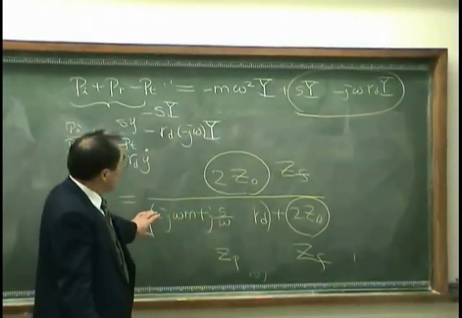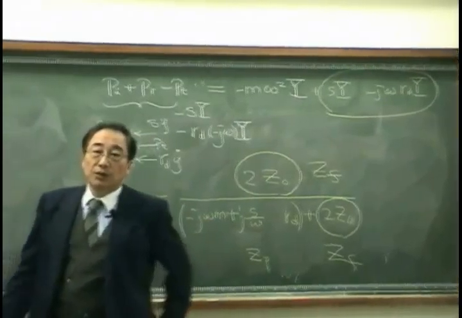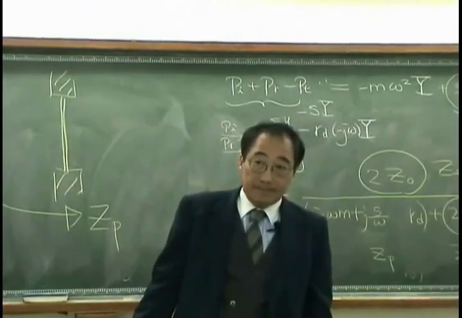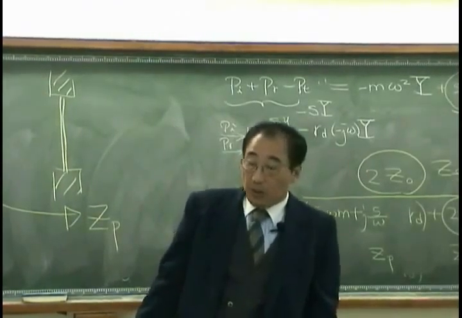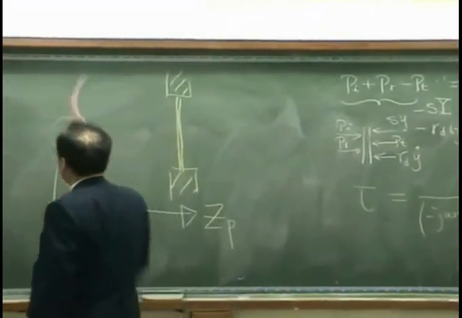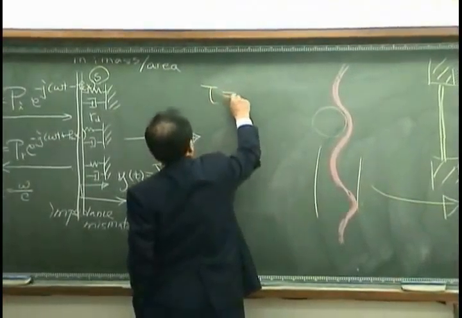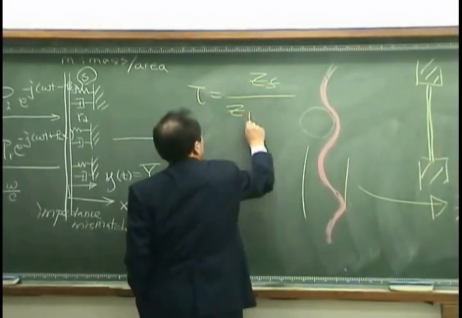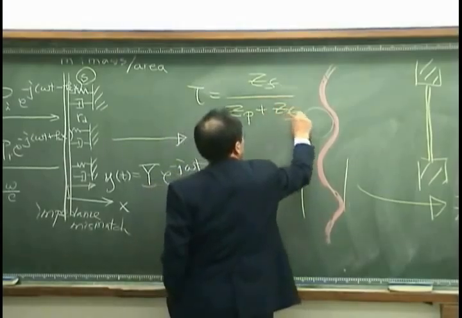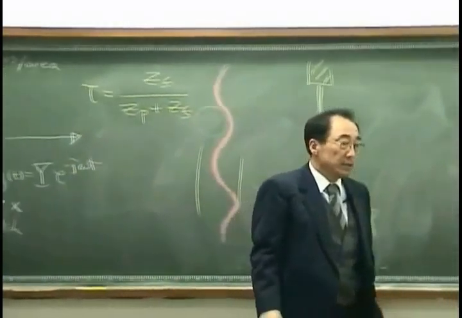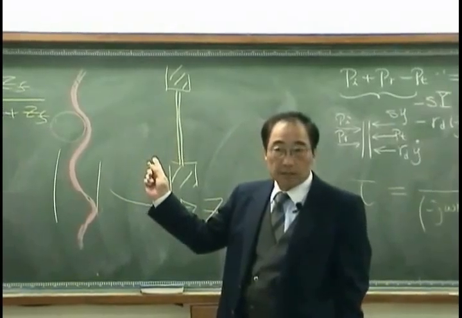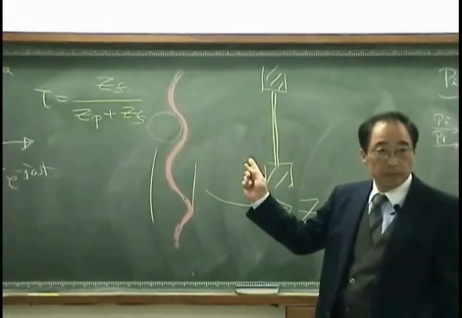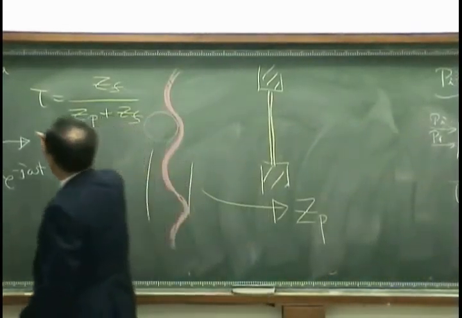I mean, the only difference is the partition impedance. So generally we can say the transmission loss or transmission coefficient can be written like this. So this is a very general result.